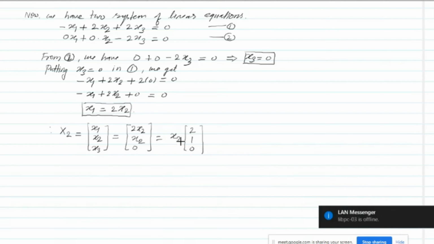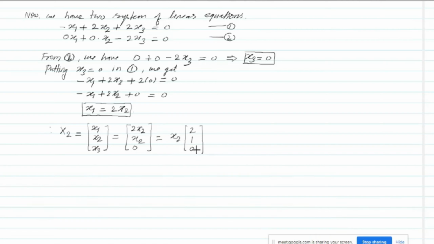Here x2 is arbitrary. If you change the value of x2, you will obtain a different eigenvector corresponding to the eigenvalue lambda 2 equal to 2.